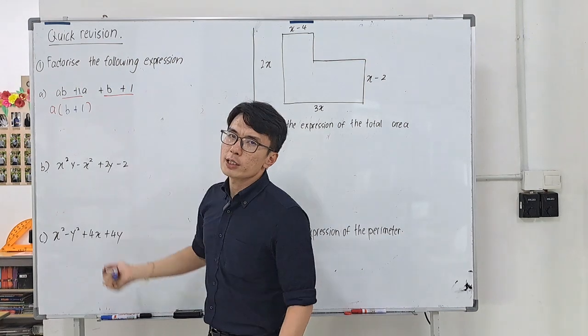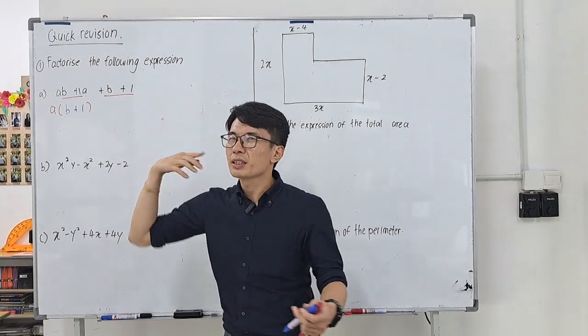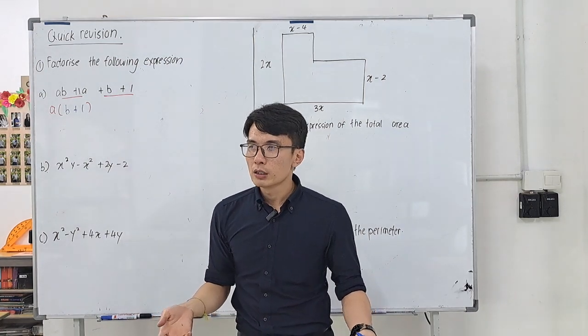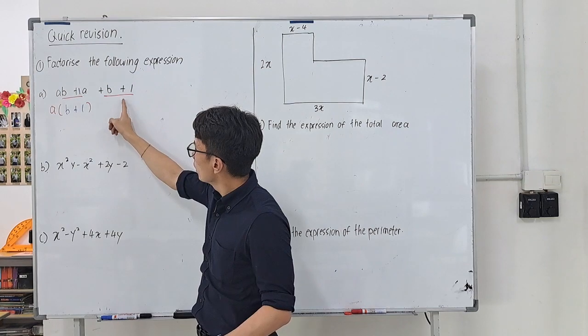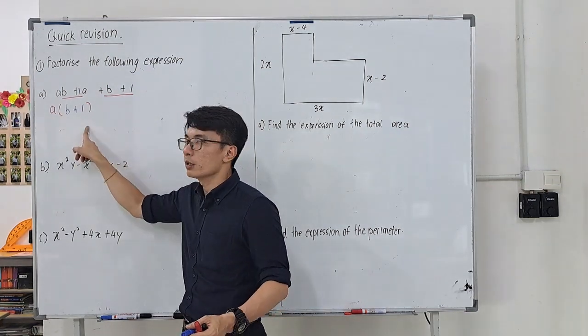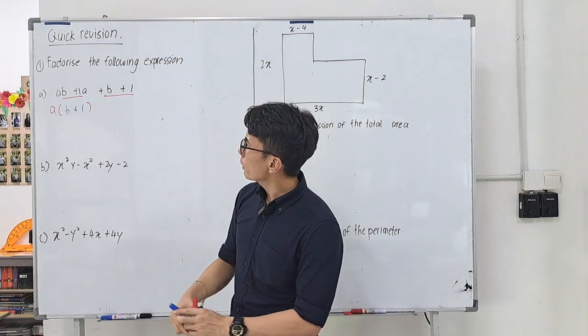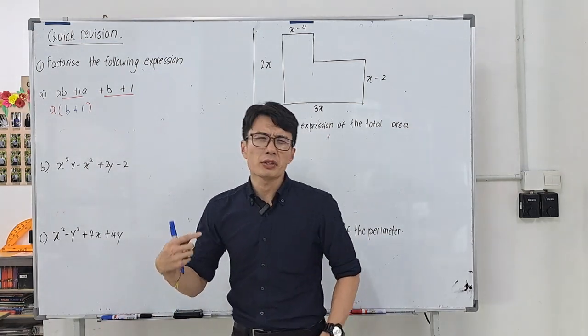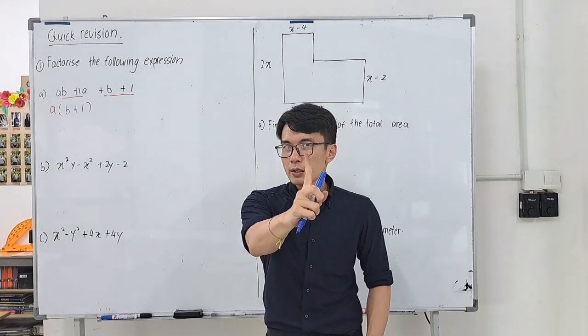But what about this guy? To do pairwise factorization, if you notice over here, there's nothing we can factorize. But to do pairwise factorization, we want this to be in this form, where there's something outside and something inside the bracket. But again, B plus 1, there's nothing we really can factorize except for the number 1.